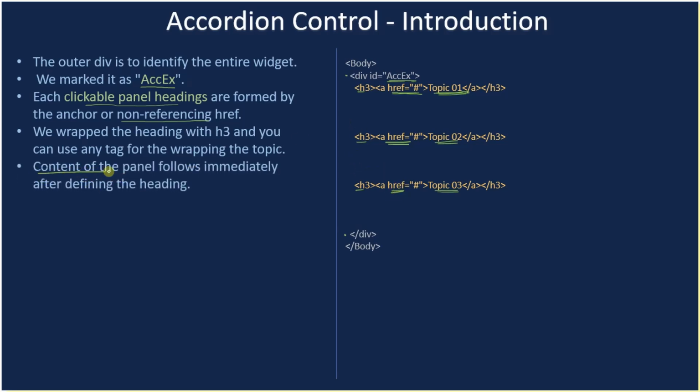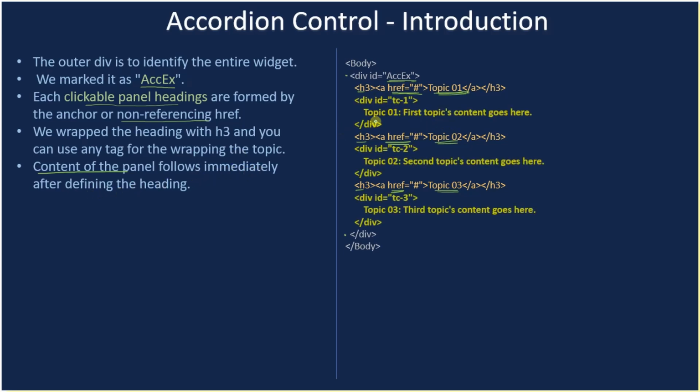Content of the panel follows immediately after defining the heading. So if you see, this is our content, right? Accordion page content. And if you see here, we are using the div id equal to tc1, tc2, tc3. So the important stuff is after this anchor, we are immediately forming the content by means of this div tag, right?